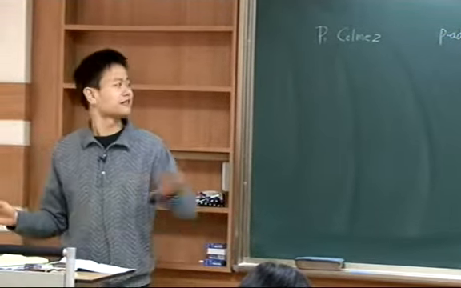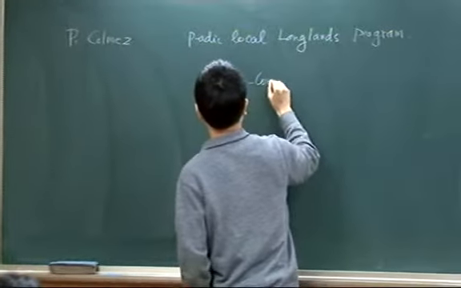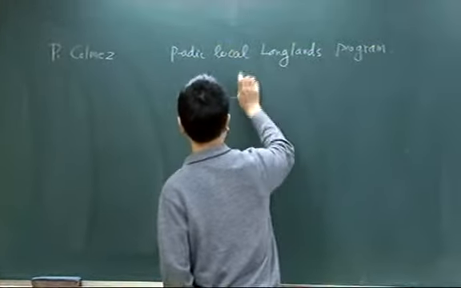If I draw a diagram, you can say, this is the p-adic local Langlands, and then you have the so-called Fontaine-Mazur conjecture. This is a big conjecture, but if you just look at the n equals 2 case, it's almost done.